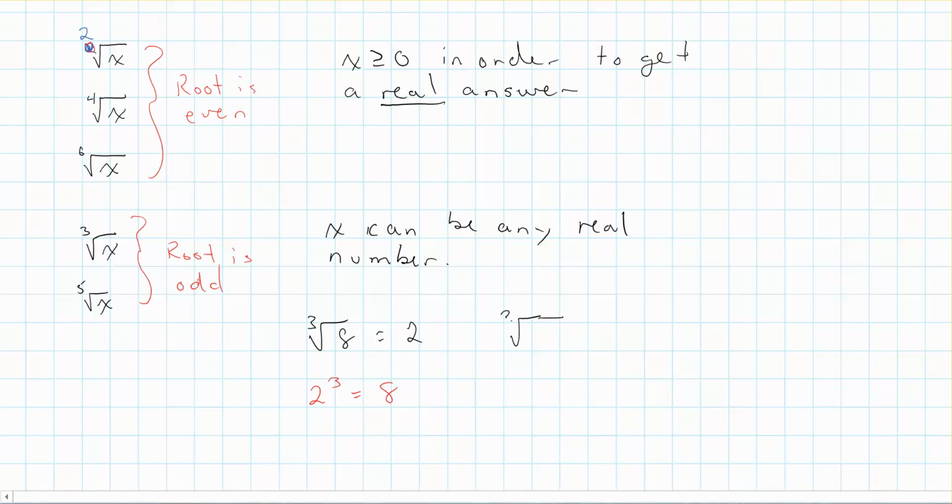So the cube root of negative 8 is actually equal to negative 2, because negative 2 to the third power gives you negative 8. That's why we're okay with odd roots: a negative number to an odd power is still going to be negative. So that's just a reminder about even and odd roots.